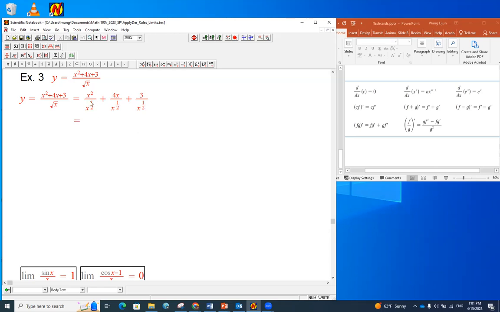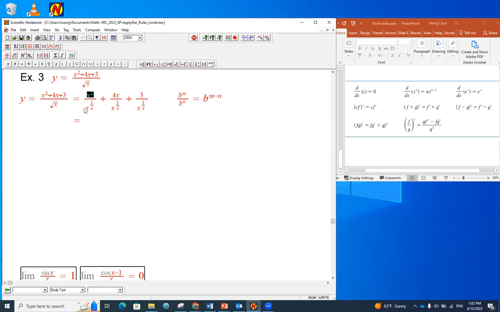So algebraically, we're going to apply the rule: base to the power of m divided by base to the power of n, when the bases are the same, equals base raised to the power of m minus n.